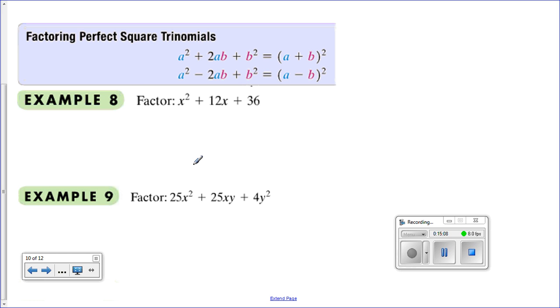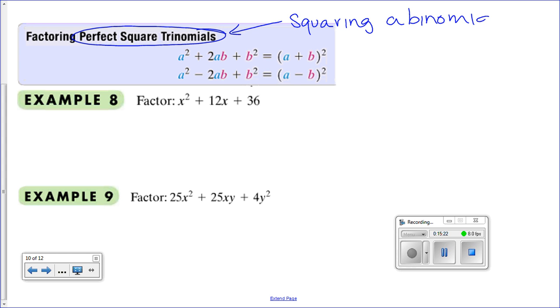So, perfect trinomial square or perfect square trinomial, they come from squaring a binomial, just like you see here. And so those are very easy to factor.